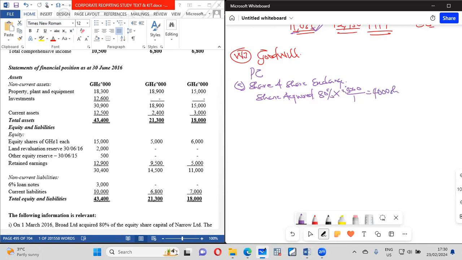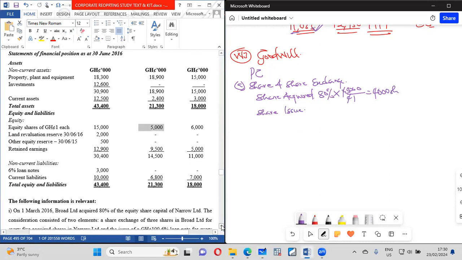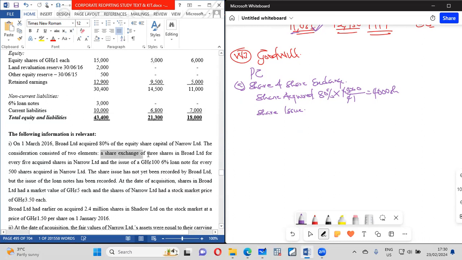Then the number of parent shares issued for that. So, share issue. How did they do it? A share issue of 3 shares in broad for every 5 acquired. Now we acquired 4,000 shares.